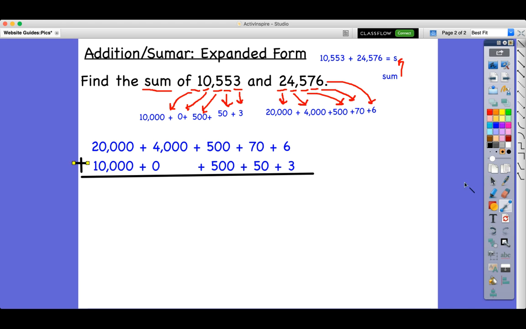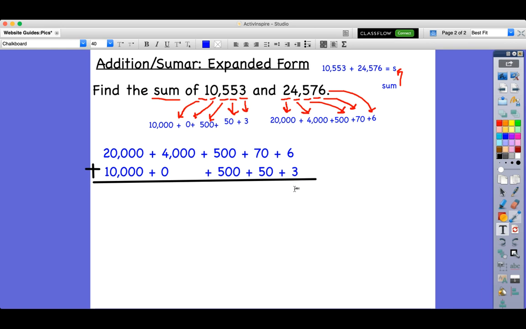And we're always, when we're adding, no matter what strategy you're using, starting in the ones place. So if I start in the ones place here, 6 plus 3 equals 9. Then I'm going to go to the tens place, 50 plus 70. So I know from my schema, I can add 7 plus 5 a little bit easier.